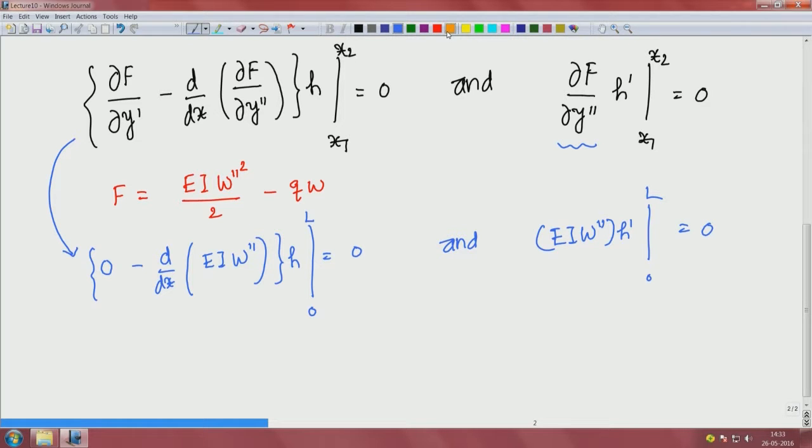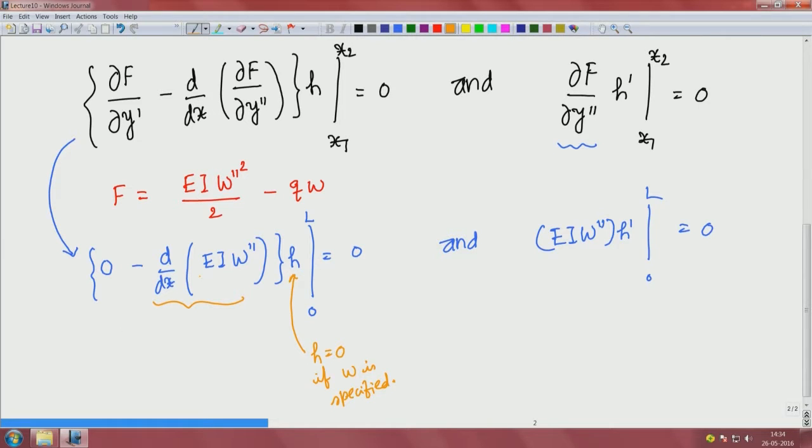Now, let us see what this means. If w is specified, h is equal to 0, like we had done in the case where the integrand depends only on y prime and not y double prime. h is equal to 0 if w is specified. If it is not specified, then this thing has to be 0, and this particular minus does not matter because it is equal to 0.